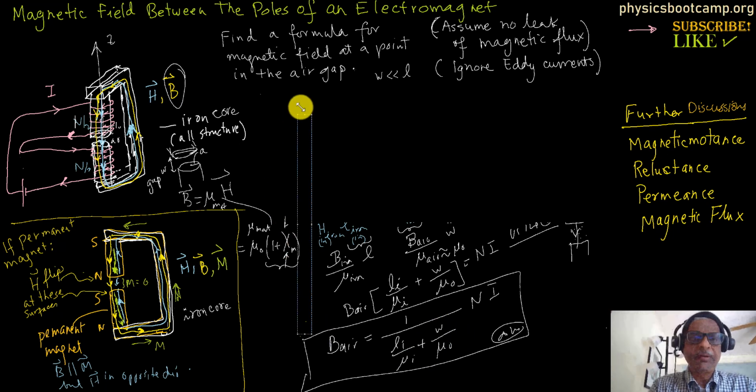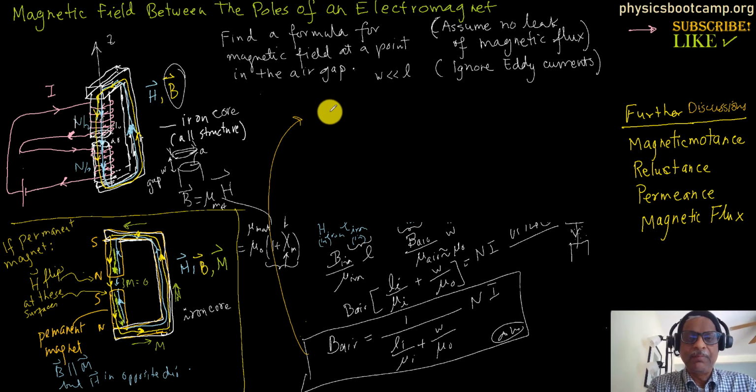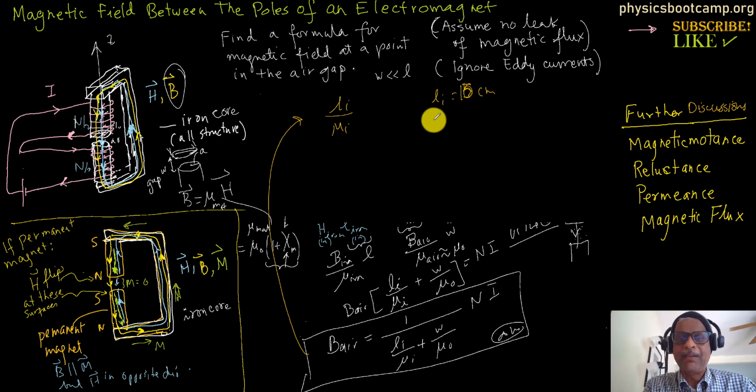So in here we can say Li over mu I. So say Li is 5 centimeters, even 10 centimeters, okay? And mu I is 1,000. And say W is half a centimeter, and mu 0 times mu 0.